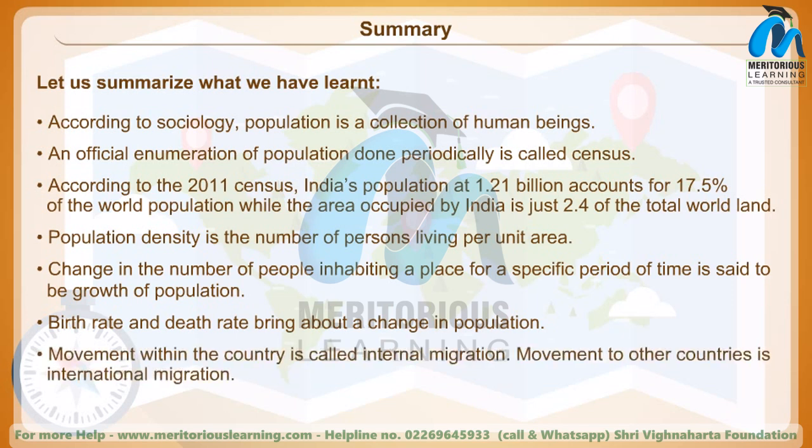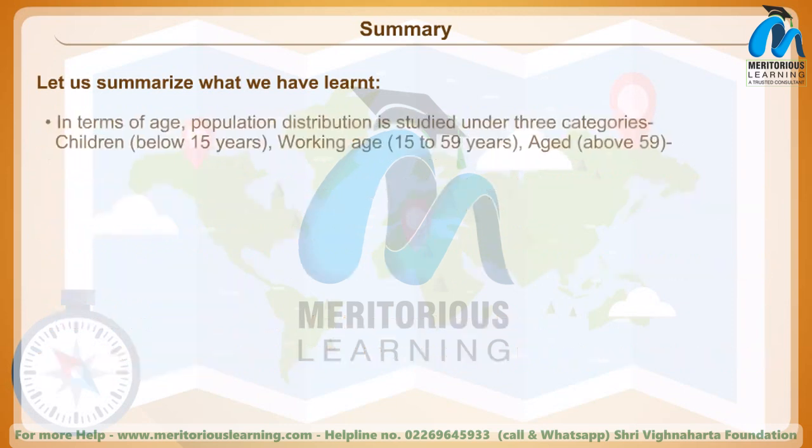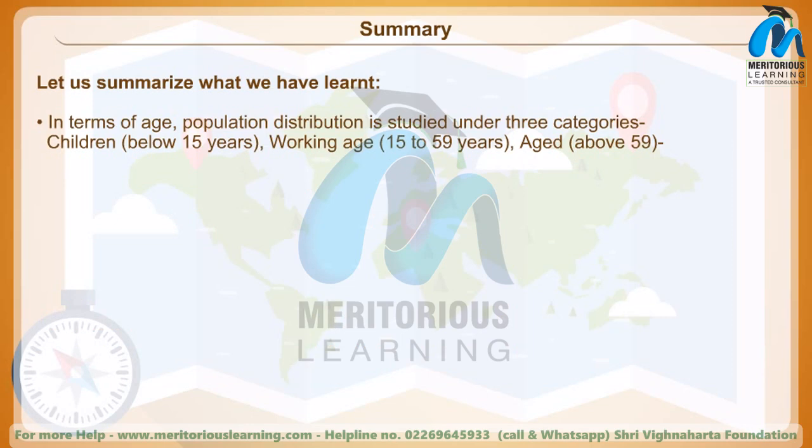Movement within the country is called internal migration. Movement to other countries is international migration. In terms of age, population distribution is studied under three categories: children below 15 years, working age 15 to 59 years, aged above 59.